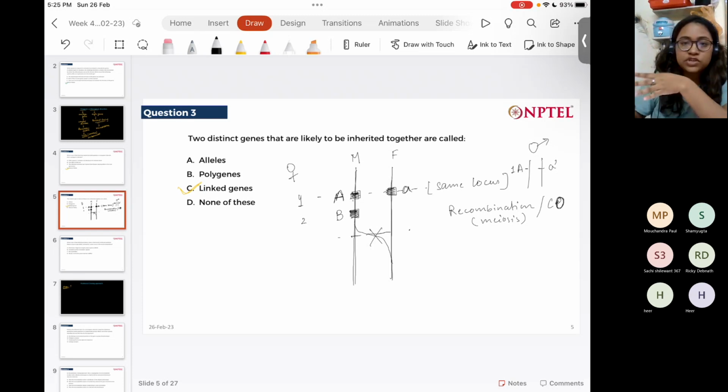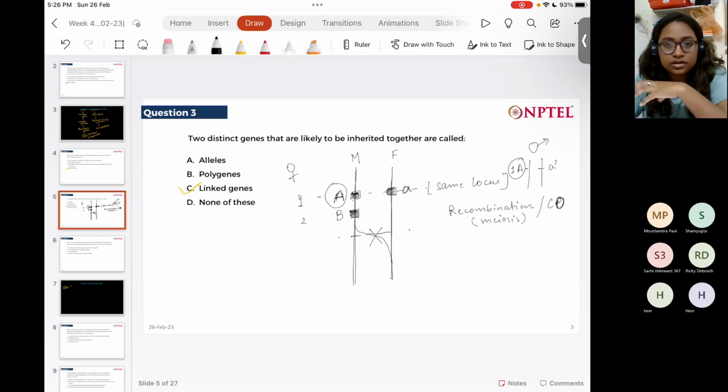So when these two individuals mate and form another individual, that person will have one copy of A from the mother and another copy from the father. That is how alleles get inherited.